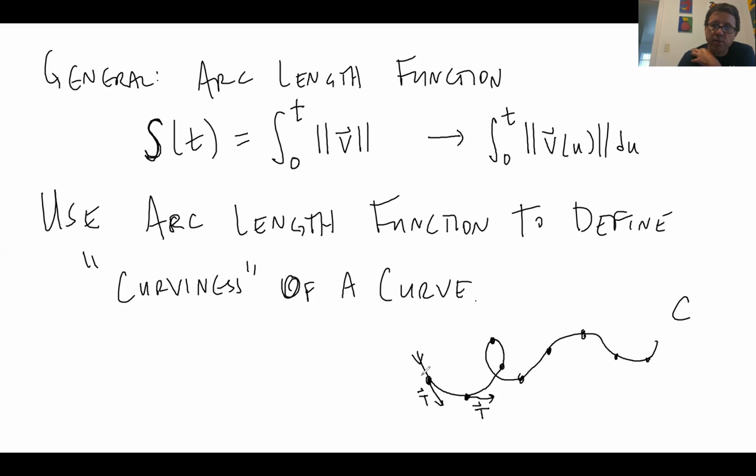If we went to this point here, then the tangent vector points that way. It does change from one point to the next, pointing in a different direction, which makes sense because the curve is turning. Now this one, you'll notice at the beginning, does curve. But if we get into this loop, at one point going into the loop the tangent vector is pointing up and to the right.